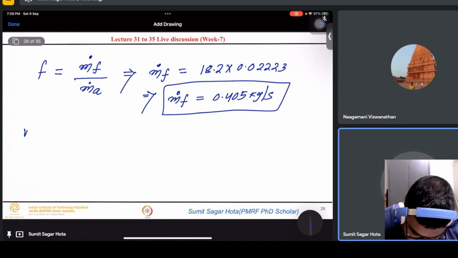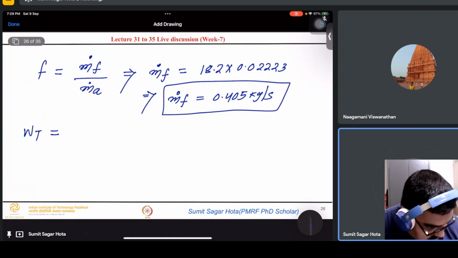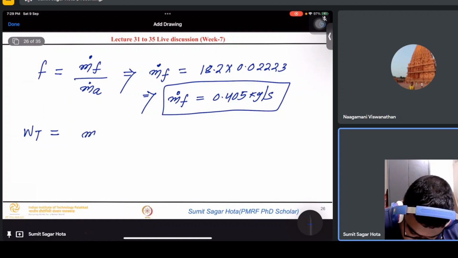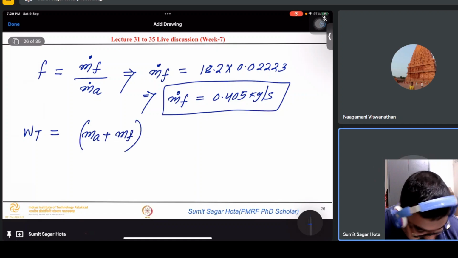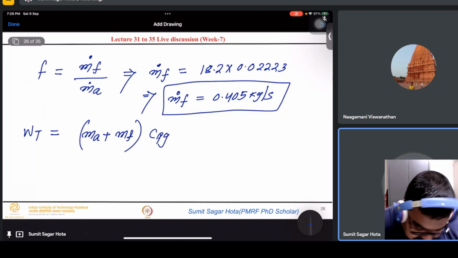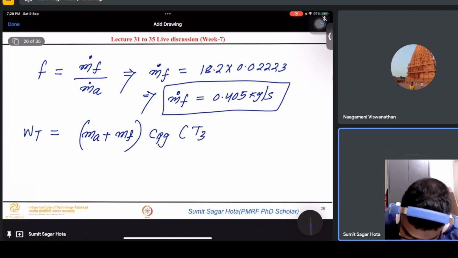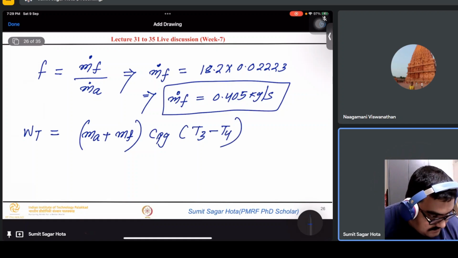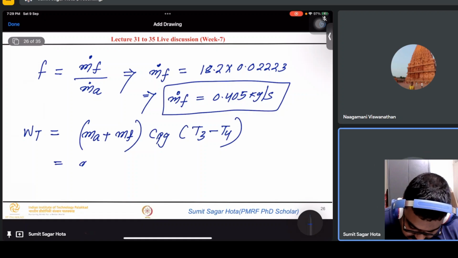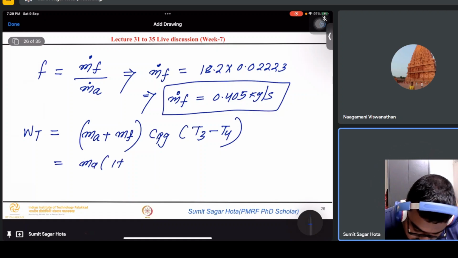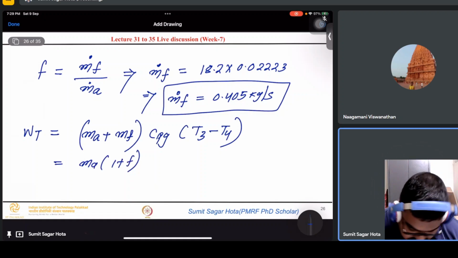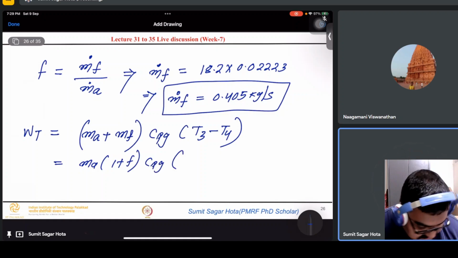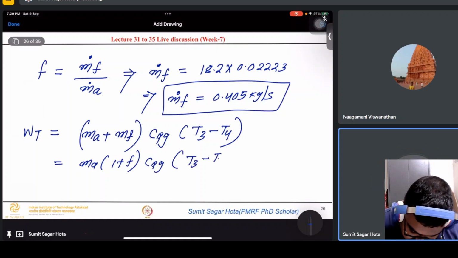So work done by the turbine is equal to (m_a plus m_f), fuel plus air, Cp of gas, (T3 minus T4), which is equal to m_a (1 plus F) Cp of gas (T3 minus T4).